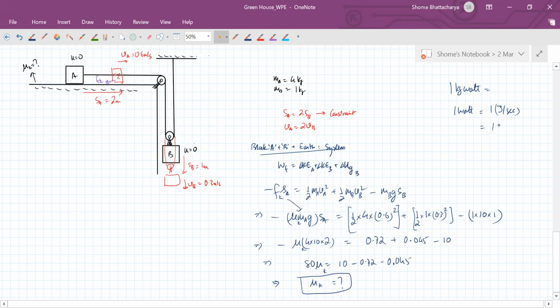So that is nothing but 1 Newton meter per second. So 1 kg watt is basically equal to 1 kilogram into Newton meter per second. So maybe you are confusing some other unit. I'm not sure, Krish.